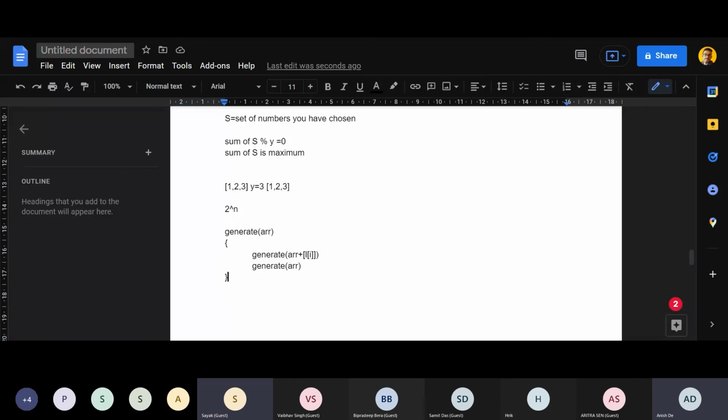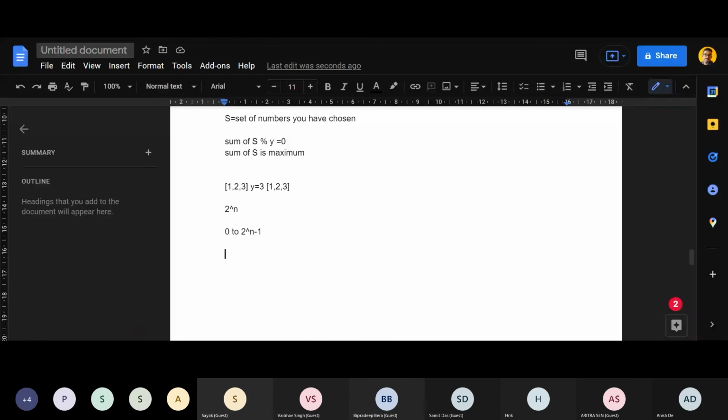Using bitmask, you can solve this problem and generate every subset in an iterative way. Like Samit said, we will iterate every number from 0 to 2 to the power n minus 1, and every number will have some set bits and some unset bits, right?